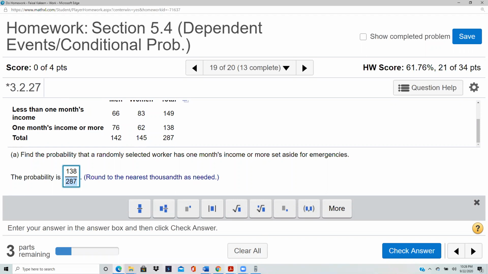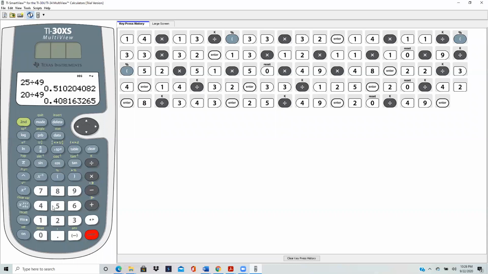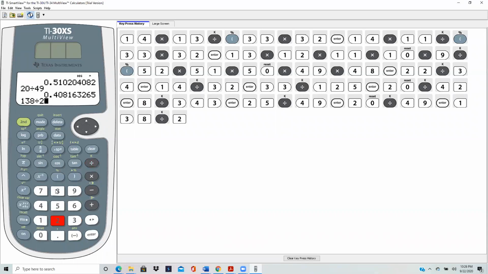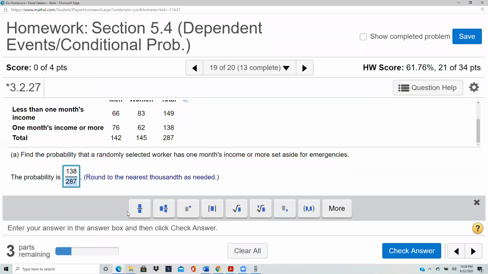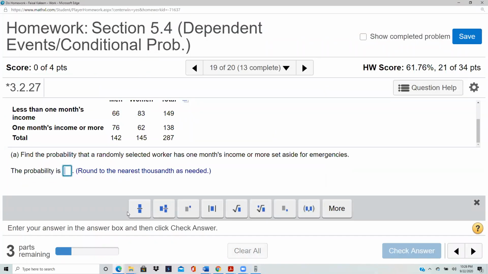So 138 divided by 287 is 0.4808. Nearest 1000 means 0.481.